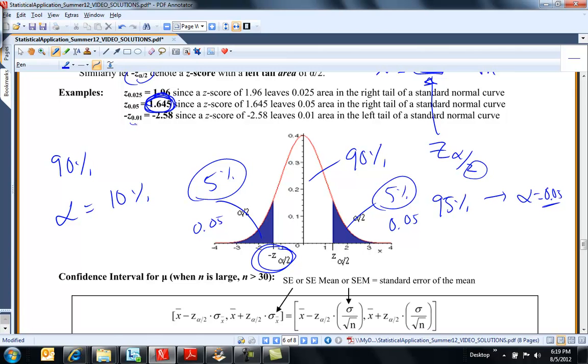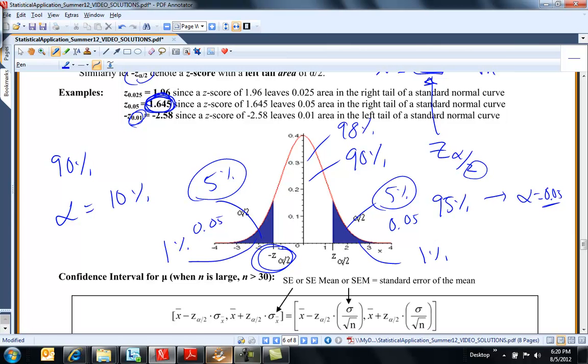If I want to leave 0.01 in the tail, that must be a 98% confidence interval, right? Because a 98% confidence interval would leave 1% here and 1% there.